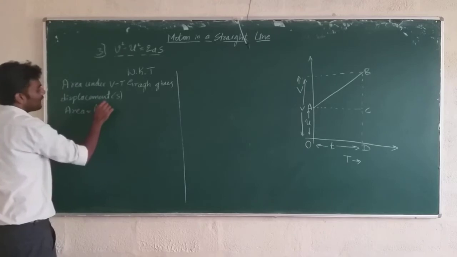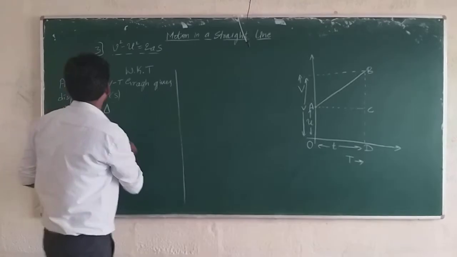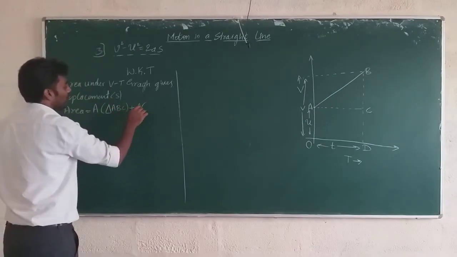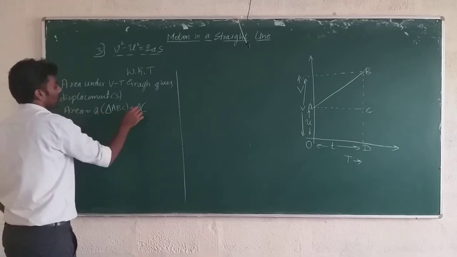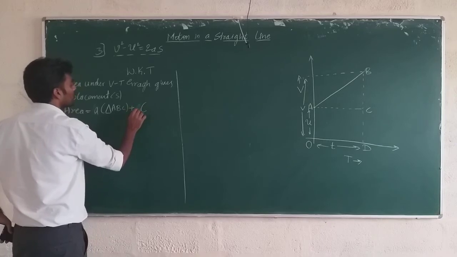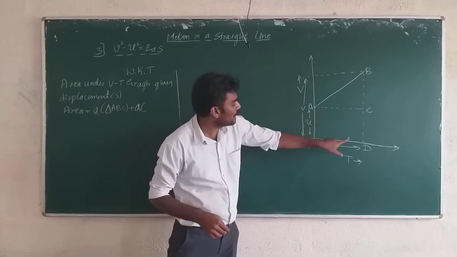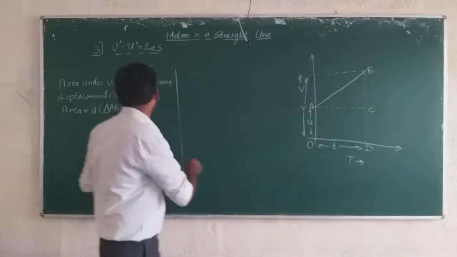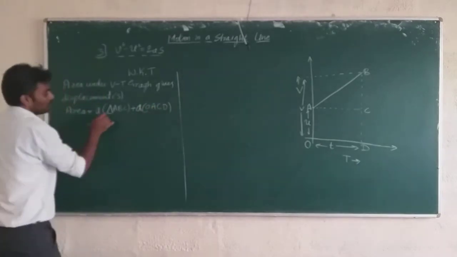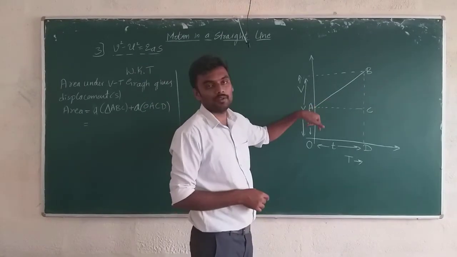One is the area of triangle ABC, plus the area of the rectangle OACD, right? So first, area of triangle ABC is half into base into height.